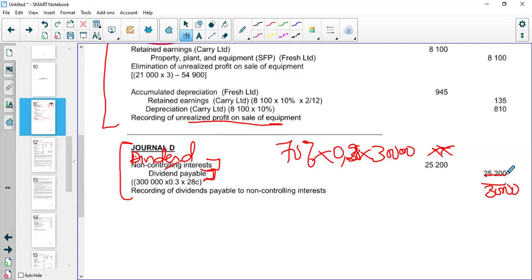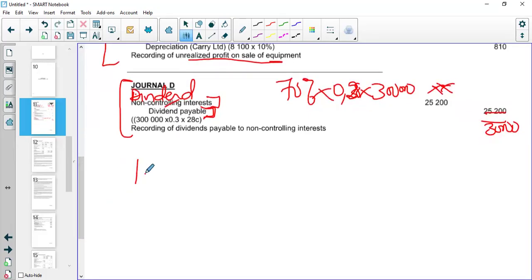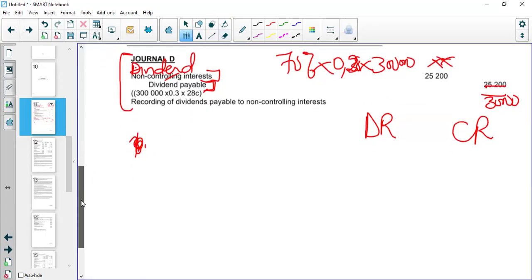Right, so then the other journal entry that you must expect, I said, you need to know the unrealized profit in inventory. So this is the standard journal entry.